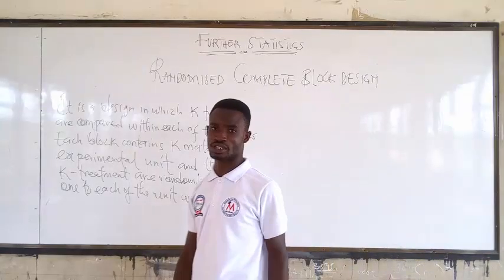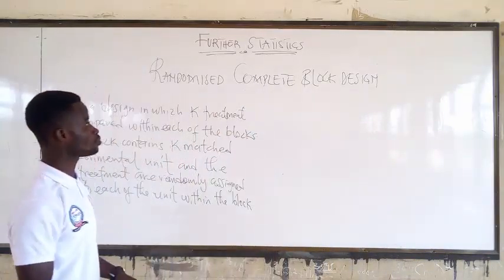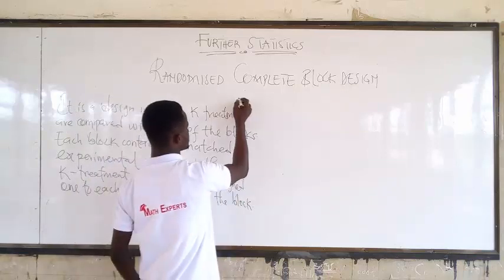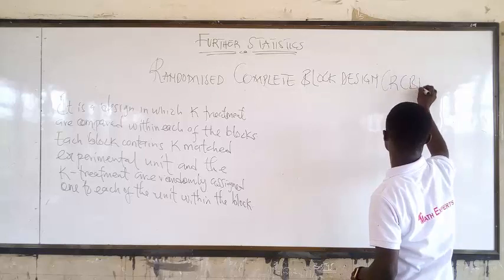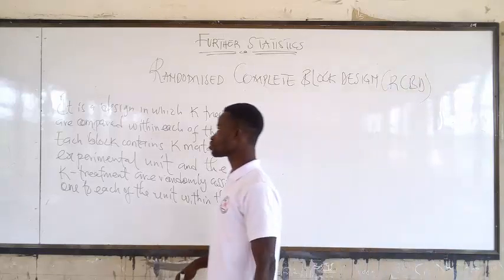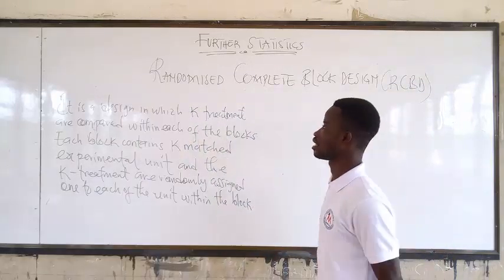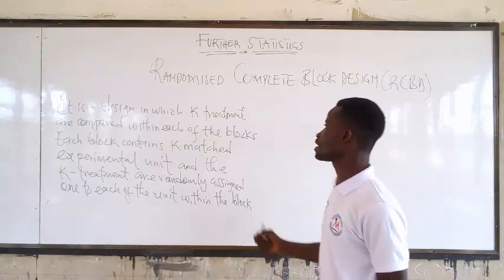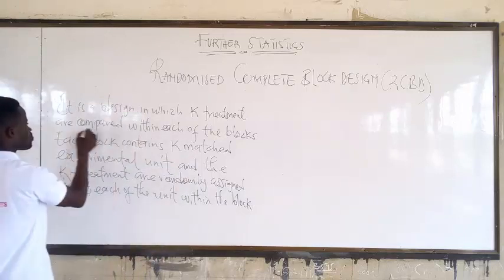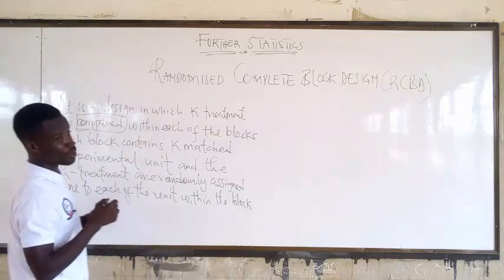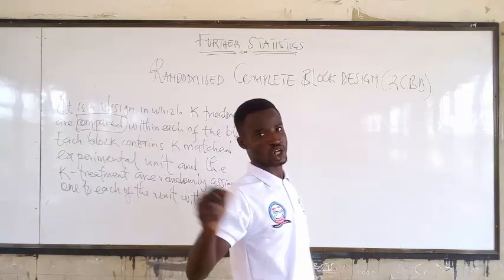So welcome back to the randomized complete block design, that is RCBD. When we talk of it, it is a design in which K treatments are compared. Don't forget about the word compare.